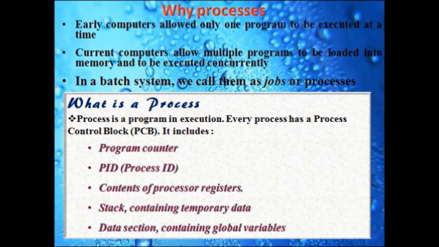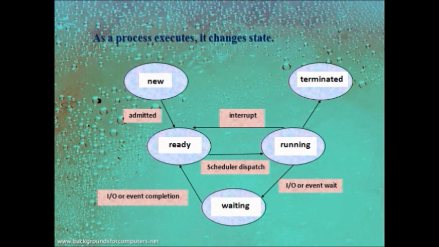A process is a program in execution. Every process has a process control block, PCB. It includes the program counter, PID, that is process ID, contents of process registers, stack containing temporary data, and data section containing global variables.